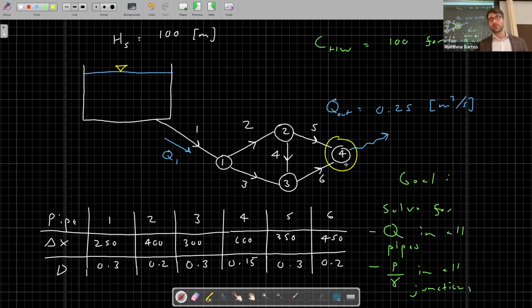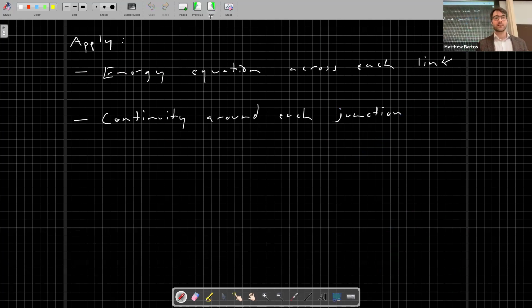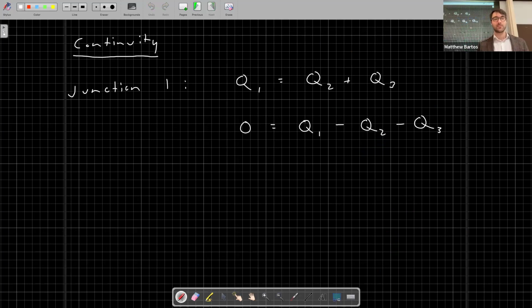So Q4 is equal to Q5 plus Q6, and Q out. So for junction 4, we have that Q5 plus Q6 is equal to Q out.